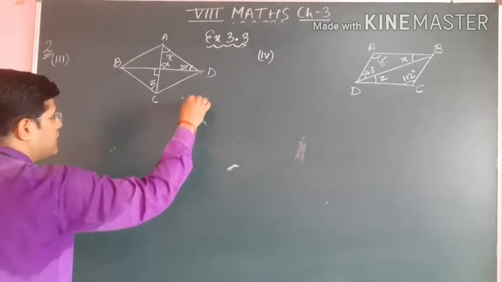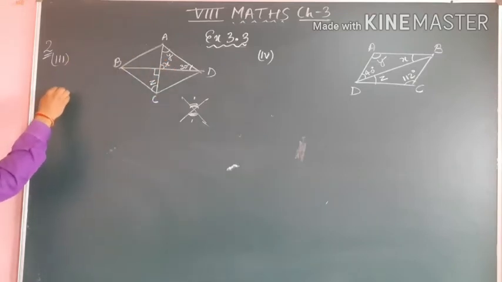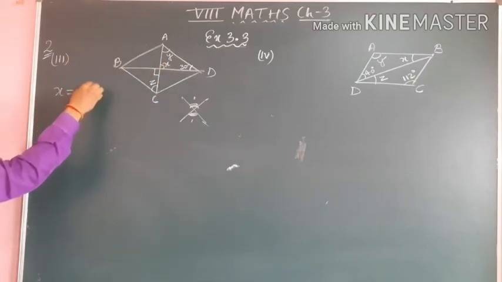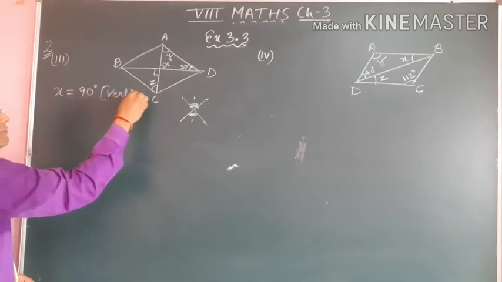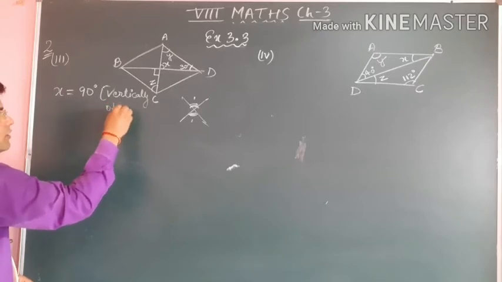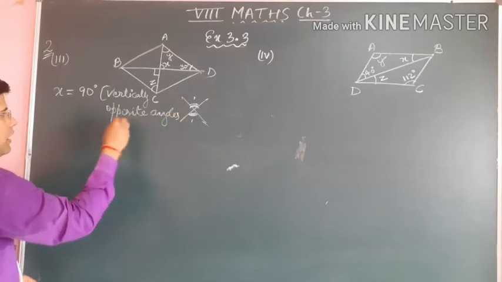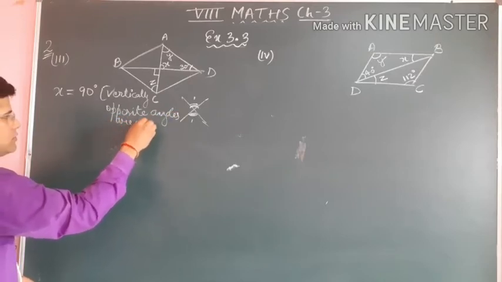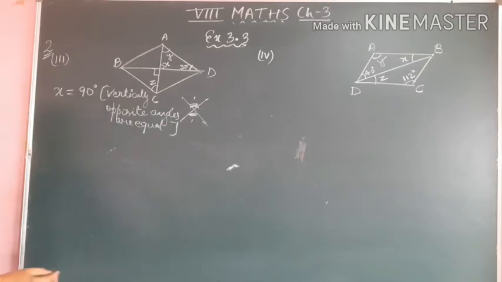Vertically opposite angles are equal. So here x is equal to 90 degrees. You have to remember all the properties of class 7 also and write them.